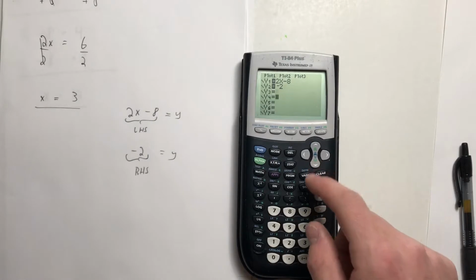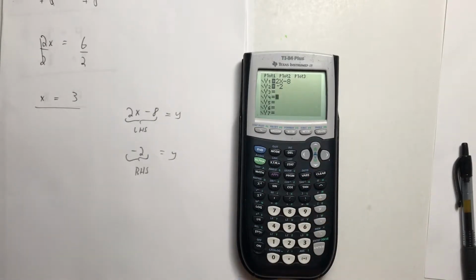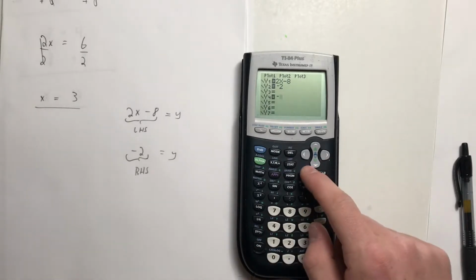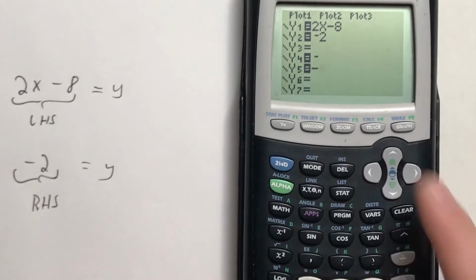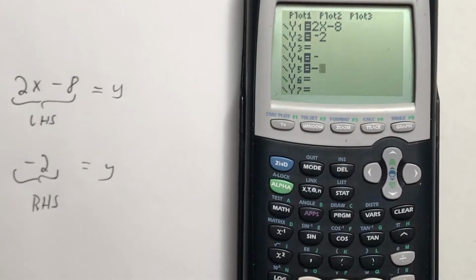One thing I want to note is the difference between this negative button right here and this minus button here. If we move in a little bit, you see how the minus is different from the negative.